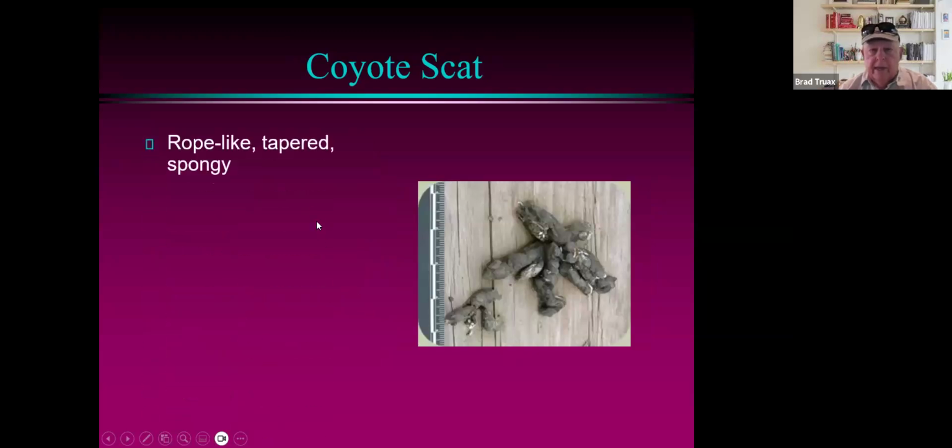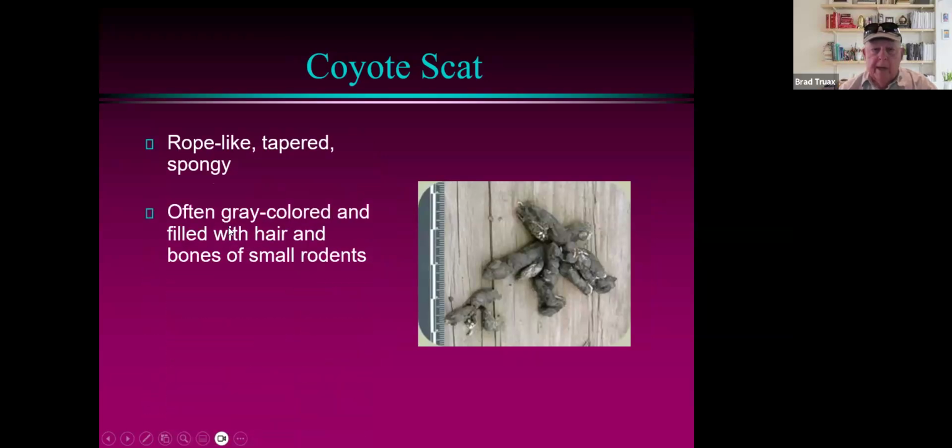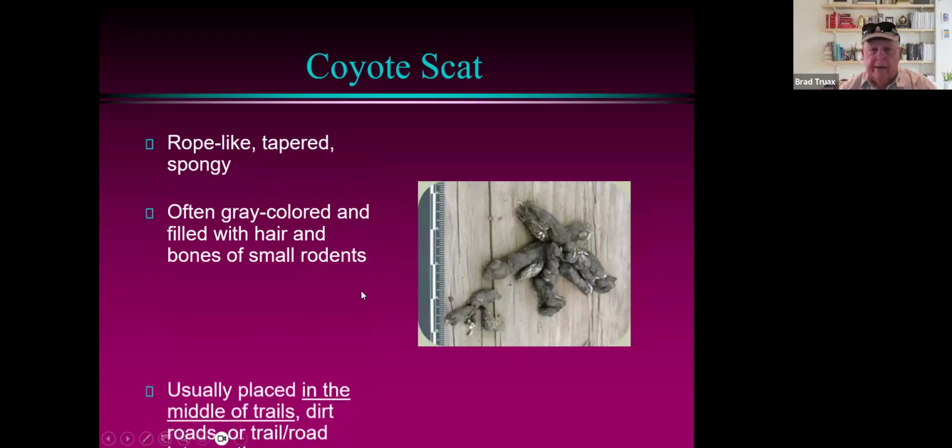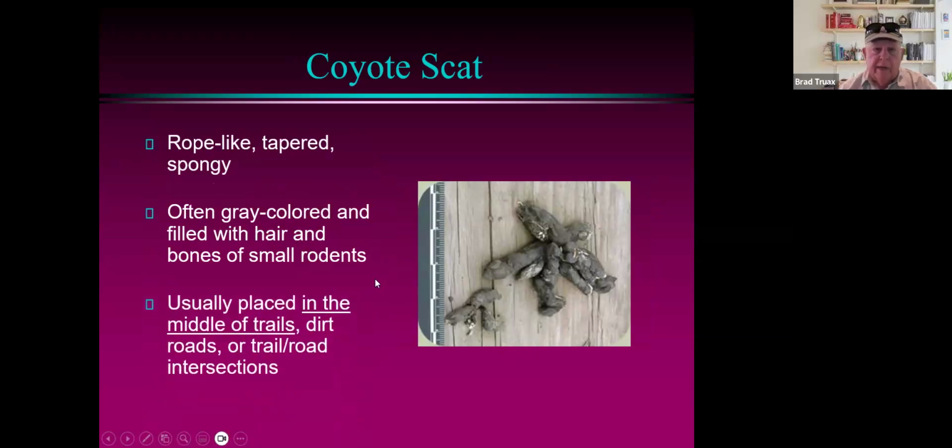Coyote scat tends to be rope-like, tapered, and spongy, and it often gets gray colored and filled with the hair and bones of small rodents. You can see here some hairs and actually some small bones that are in the scat here. And interestingly, coyotes usually place their scat right in the middle of trails or dirt roads or road intersections.